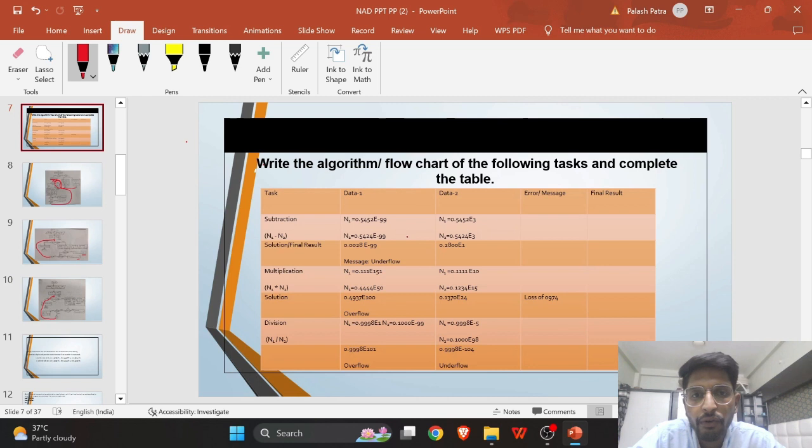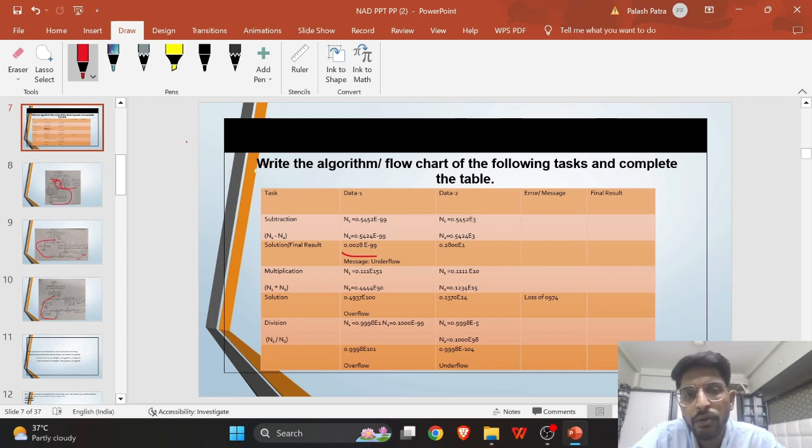As we have seen, the data over here are given as n1 and n2, and by following the subtraction algorithm, we found here the result as 0.028 and the exponent part is 99, and it is in the underflow condition.